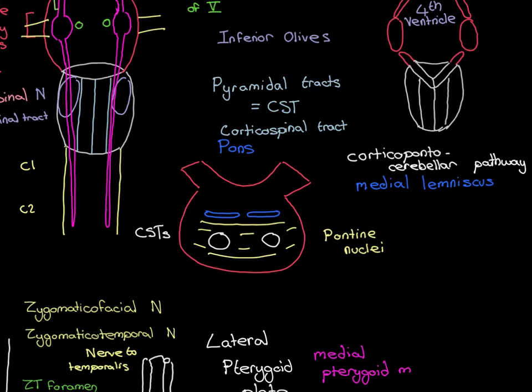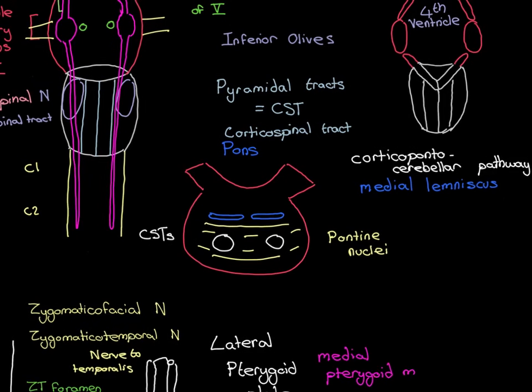Therefore, it is a partnership between the left cerebral hemisphere and the right cerebellum that controls the right half of the body, and it's a partnership between the right cerebral hemisphere and the left cerebellum that controls the left side of the body. So they do have to cross over when you're having fibres coming down from the cerebral cortex.